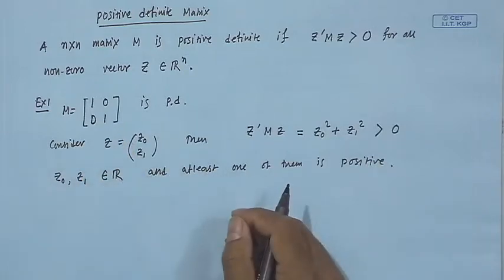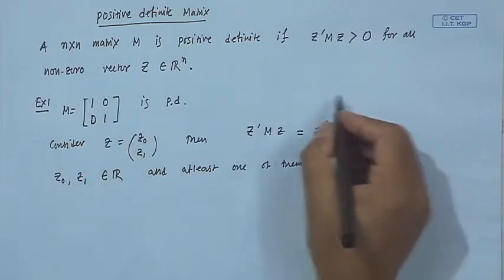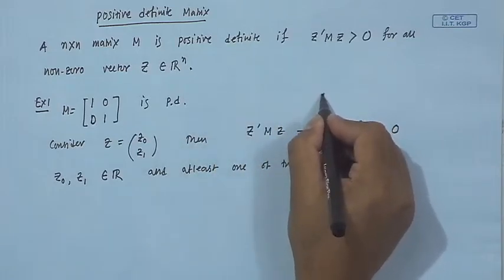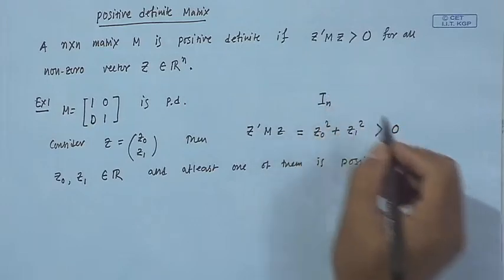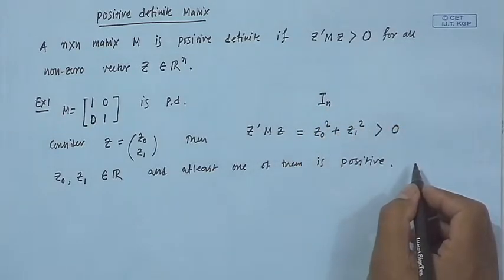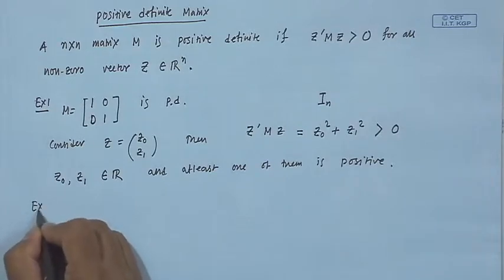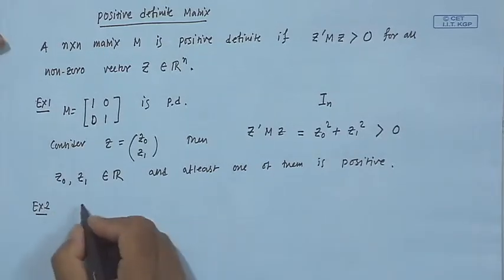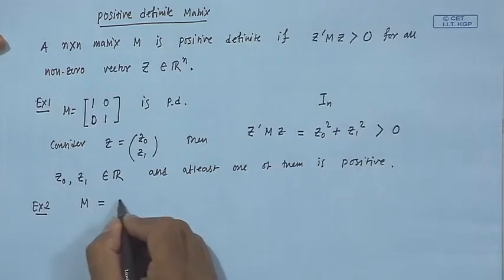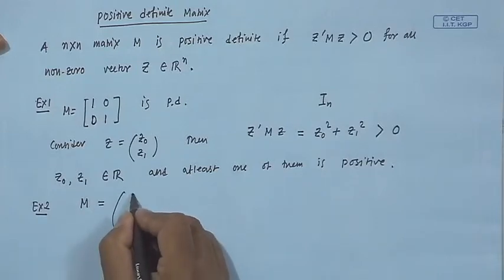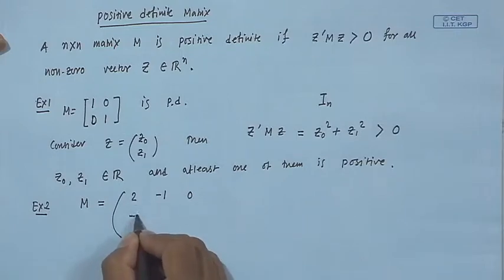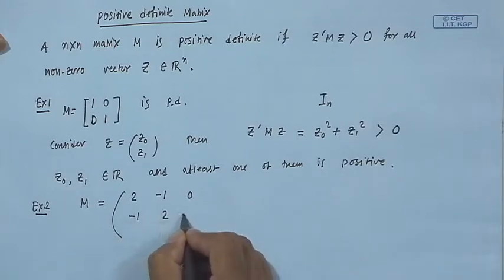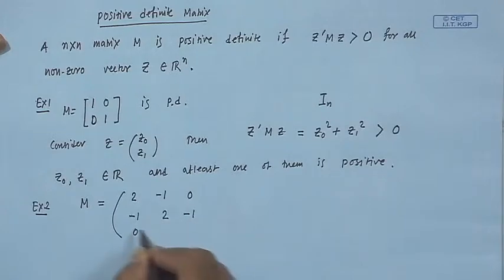Okay. So, this is a positive definite matrix. Similarly, you can prove that I n, the identity matrix of order n, is also positive definite. Let me give one more example. Example 2, consider this matrix which is equal to 2 minus 1 0, minus 1 2 minus 1, 0 minus 1 2.